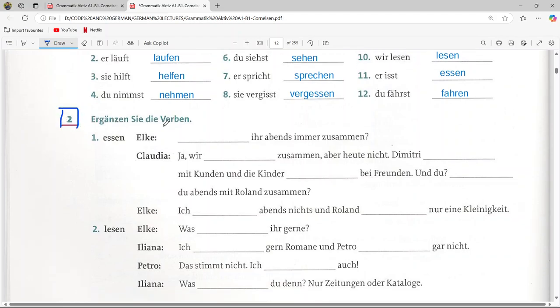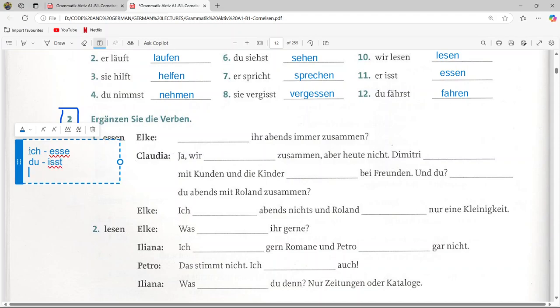Ergänzen Sie die Verben. So fill in the blanks with the verbs. So we have the first verb, it is essen. For essen, what is the conjugation? Let us see. For ich, it is esse. For du, the e changes to this, isst, no problem. For er, sie, es, it is also isst.